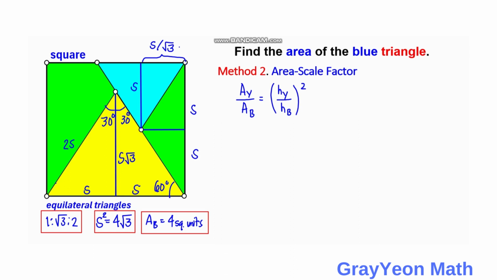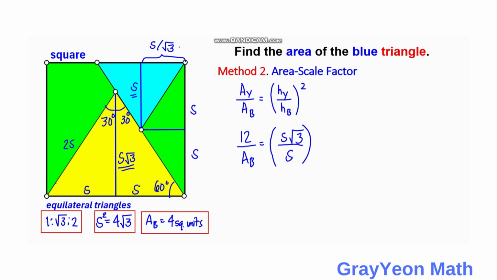It is given that the area of the yellow is 12 and the area of the blue is unknown. The height of the yellow is s square root of 3, and the height of the blue is s.